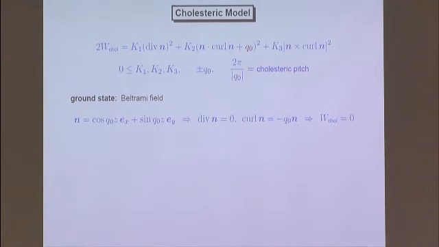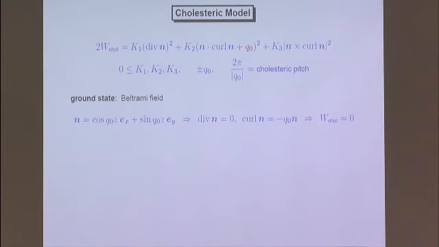It is a director field that takes a form like this: cosine of Q naught, the same Q naught from there, times z in the x direction, sine Q naught z in the y direction. If z is the upwards direction in my coordinate system, it's just a twisting state of the director, right-handed if Q naught is positive, left-handed if Q naught is negative.